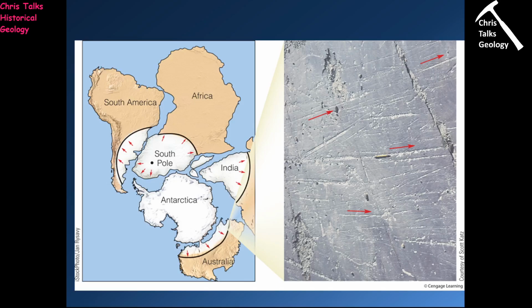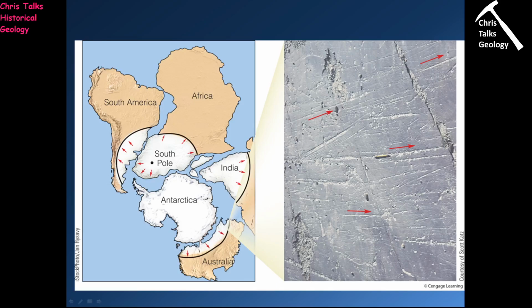Now you're probably thinking to yourself, okay, how do we actually know the direction in which the ice was moving? And the answer is we use these. These are striations left by the ice as it moves over the rock. More accurately, they're striations cut by stones which are in the ice as it moves over the rock, and those stones gouge a line in the rock as they go.